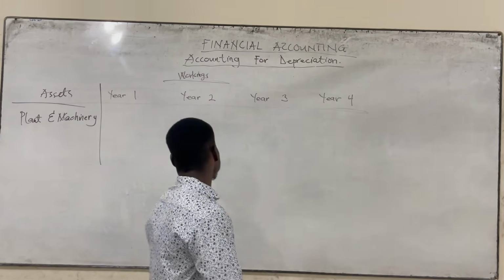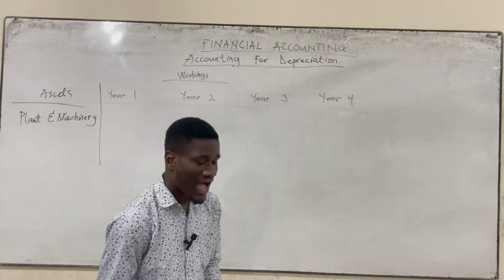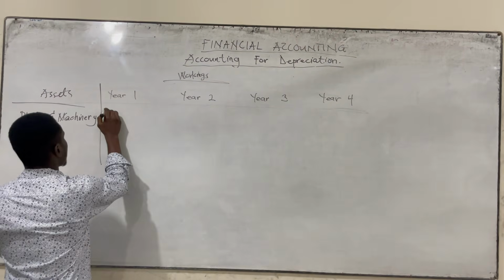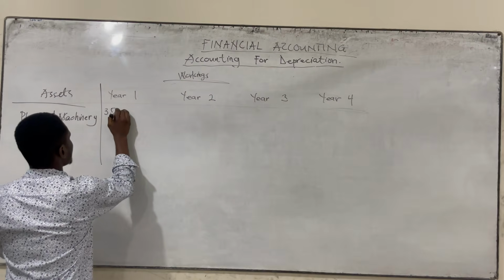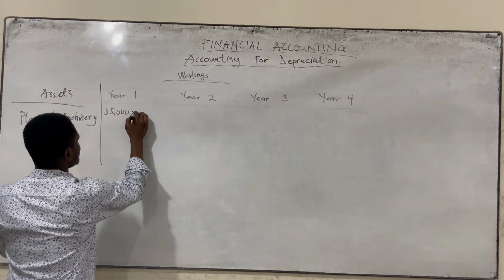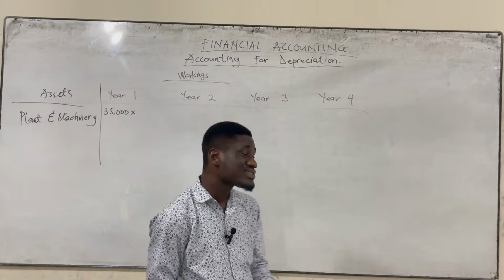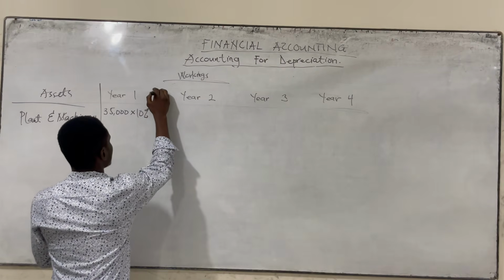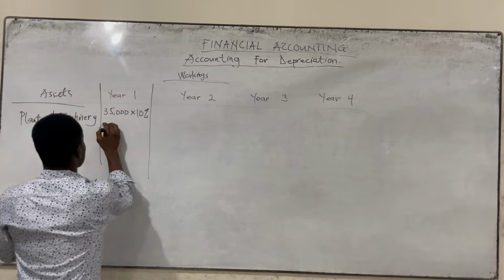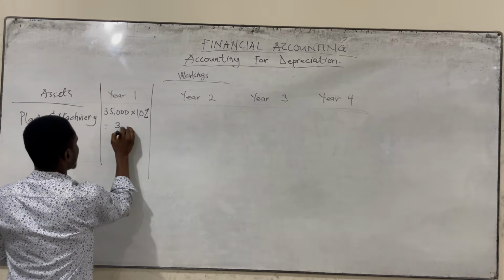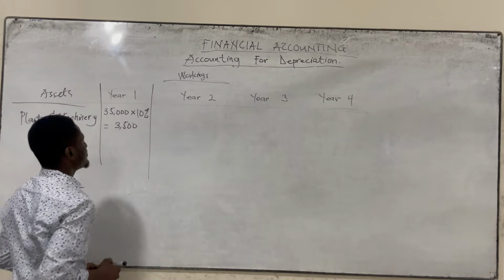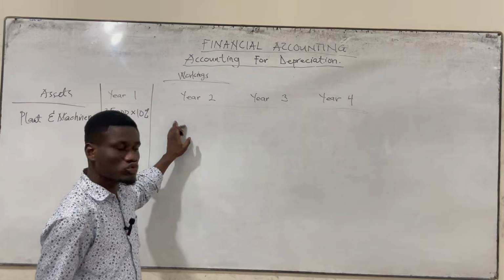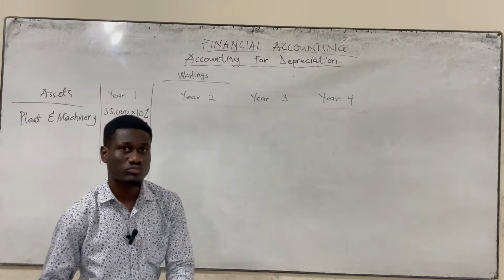Do you get it? So we have the cost of that asset to be 35,000 times 10%, they said we should use 10%. Good. So 10%, and we are getting 3,500. When we come to year 2, we are going to calculate on the net book value.